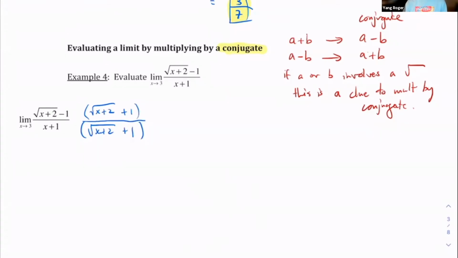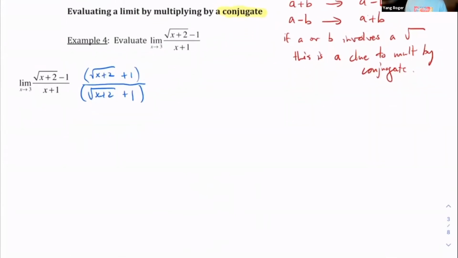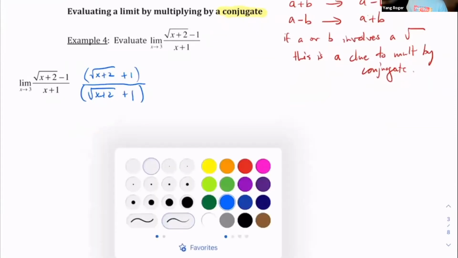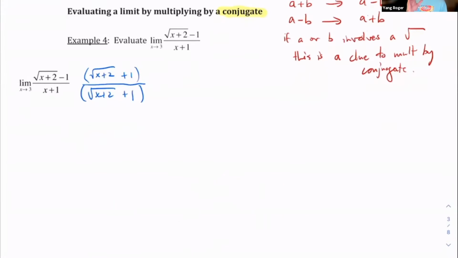So you might be wondering, why are we multiplying the top and bottom by the conjugate in the first place? And the reason why has to do with the difference of two squares. So we had talked about a difference of two squares last time, I think. But just as a quick reminder, if you have A plus B times A minus B, this is equal to A squared minus B squared.